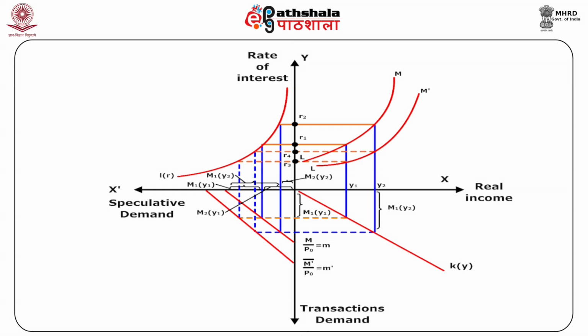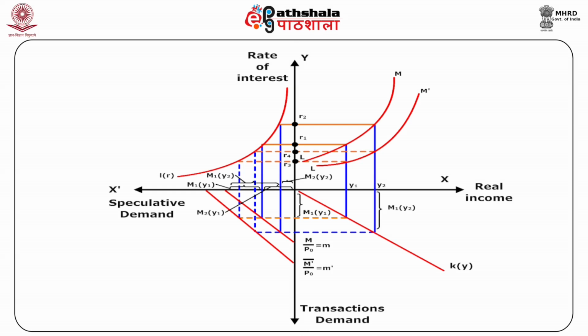So, coming back to our question, for a given real income Y1, there is a level of M1 (Y1), which is transactions demand, and given the level of real money supply, if we equate it to the real money demand, then the balance of the money demand, which is the difference between the total money supply and M1, is M2.